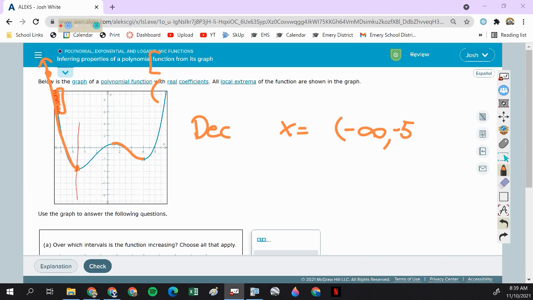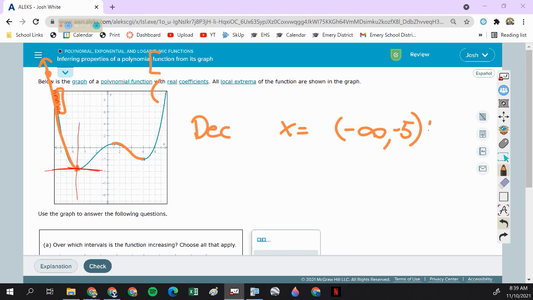It's totally flat, right? Well, I guess the whole roller coaster can't be flat, but you are traveling horizontally. Does that make sense? So once we hit -5, we are flat. So should we put a parenthesis or a bracket on -5? Parenthesis.